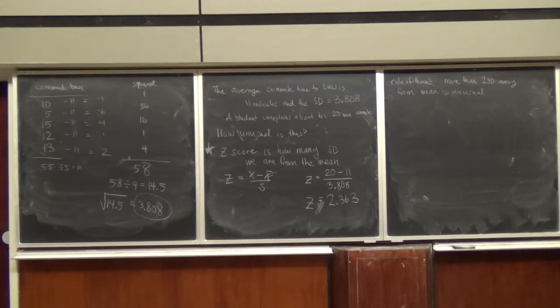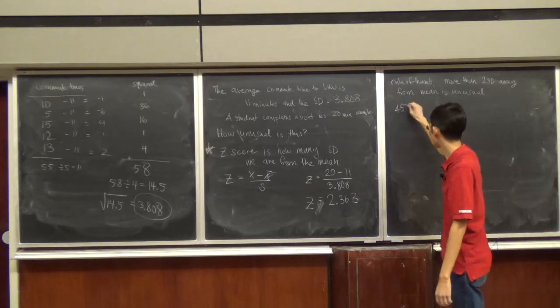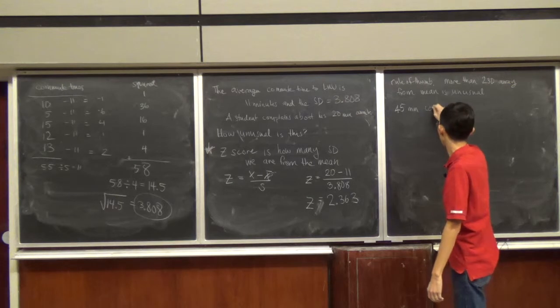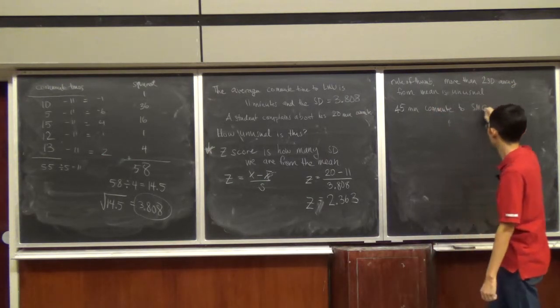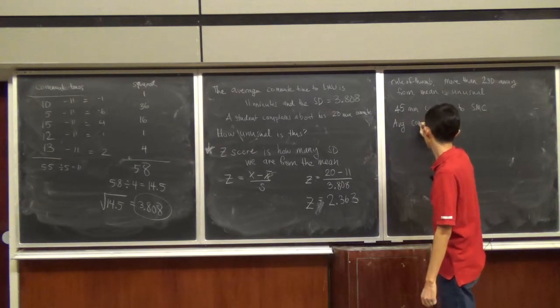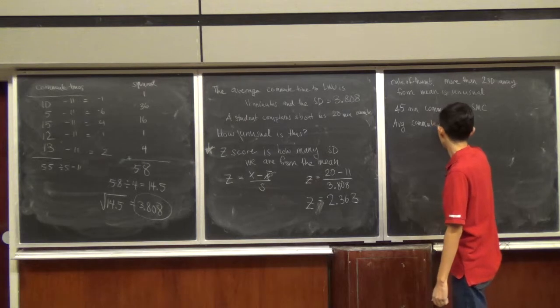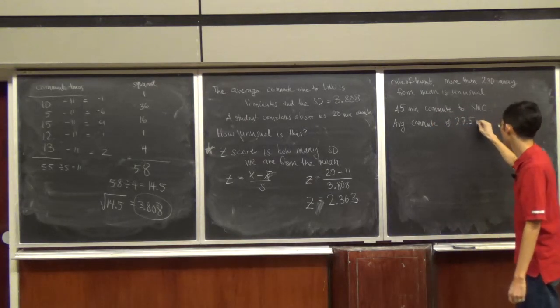Okay, what about the other student? The other student has a 45-minute commute to SMC. And we saw that the average commute to SMC is 27.5 minutes.